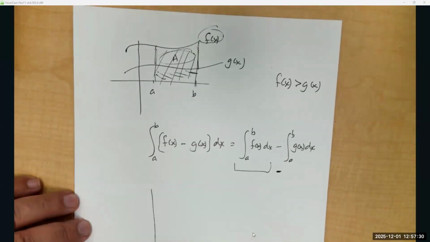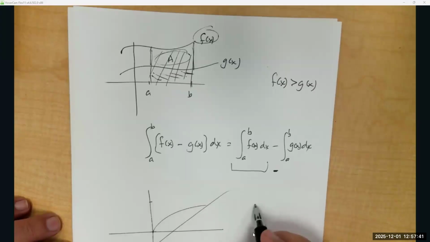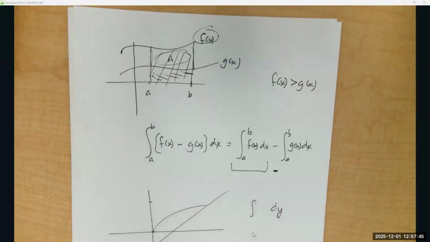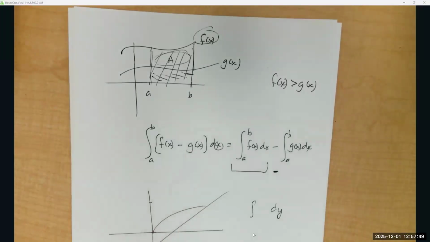And then also, we're going to look at functions with respect to dy. Up until now, we've always taken it with respect to x, vertically. Now we're going to look at horizontally. It's the same concept.